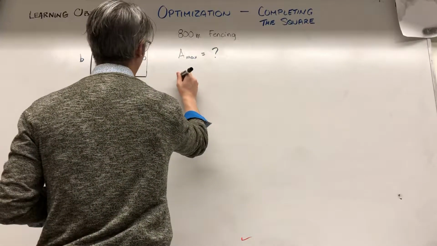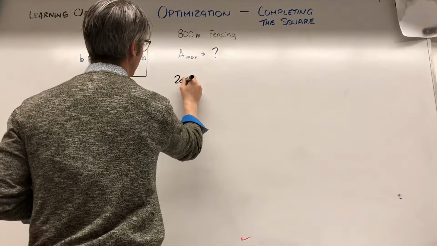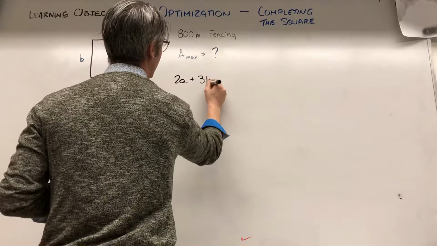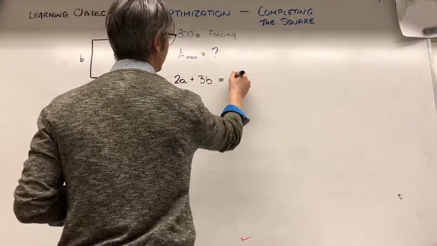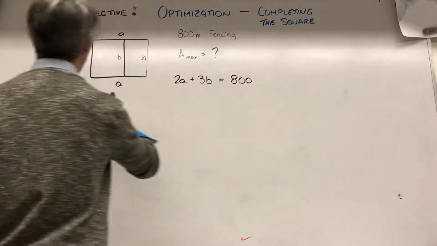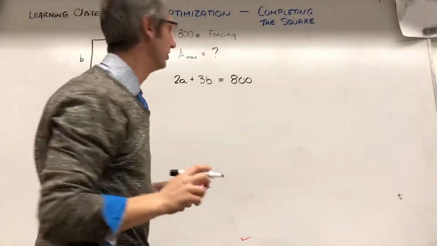So I can say that 2A plus 3B is going to be our total amount of fencing that we're going to need, because this plus this plus this plus this plus this should all equal 800.